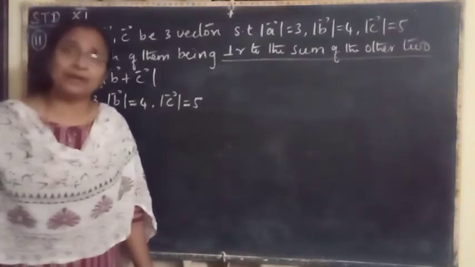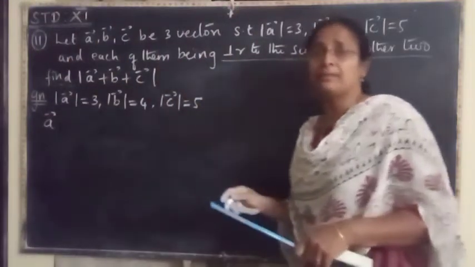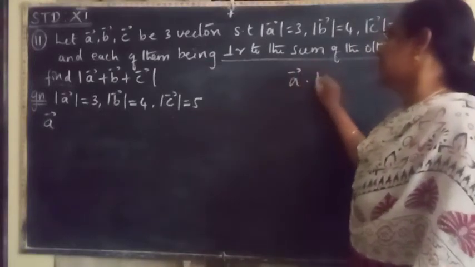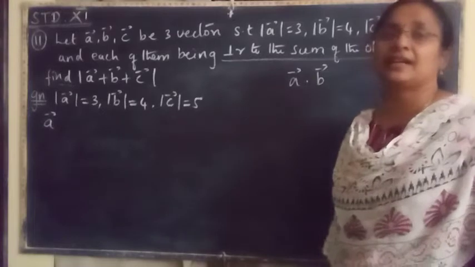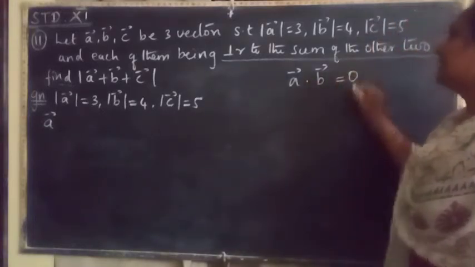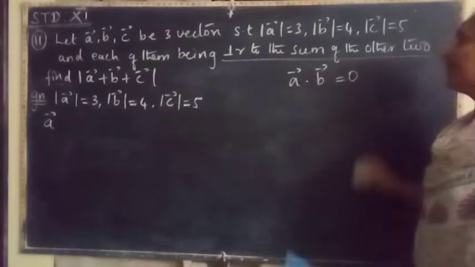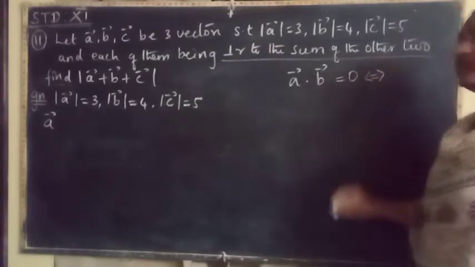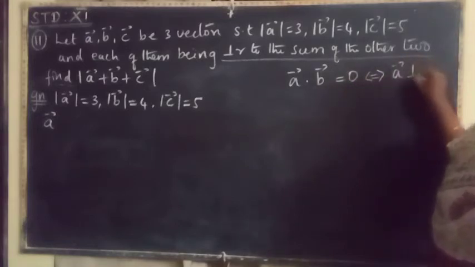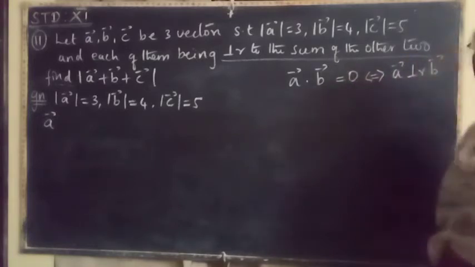What is the meaning of perpendicular? Do you remember in our previous videos we have discussed, if A vector and B vector are perpendicular, then A vector dot B vector will be equal to what? 0. Okay. So we have discussed the if and only if condition. If A vector dot B vector equal to 0, then A vector is perpendicular to B vector.